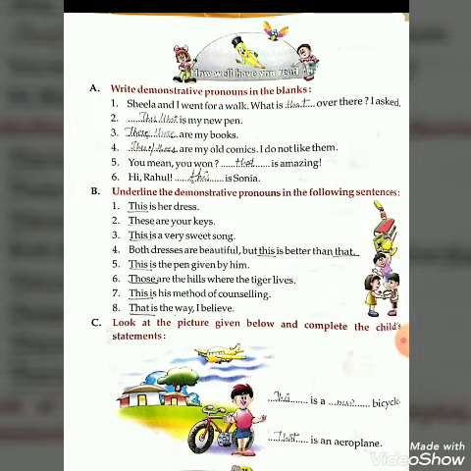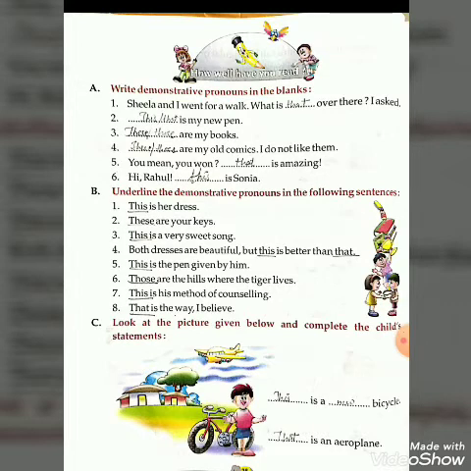Now, fifth one, you mean you won. That is amazing. What you will write here? The word that. Now, the sixth one, hi Rahul, dash is Sonia. Then your answer is, hi Rahul, this is Sonia.